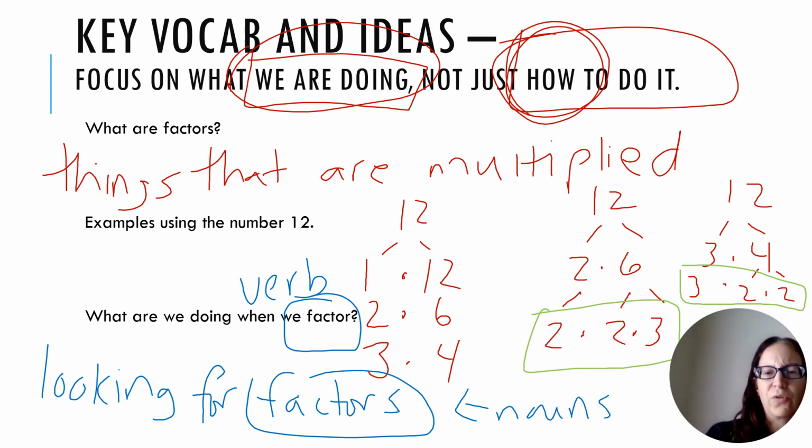So you're looking for nouns. You're looking for the factors. So I could say factor the number 12, and you would be looking for the factors 2 times 2 times 3. All right. So it is really important that we are super clear on that vocabulary.